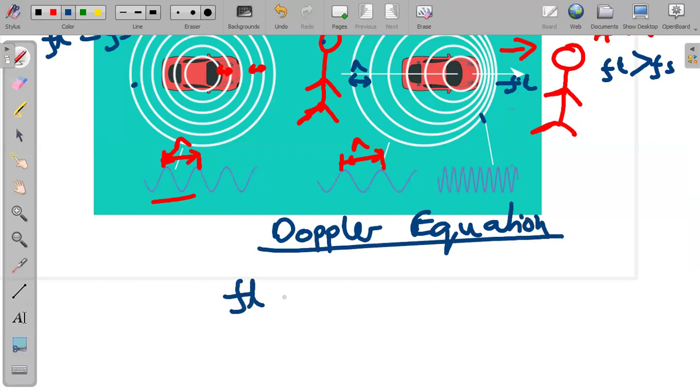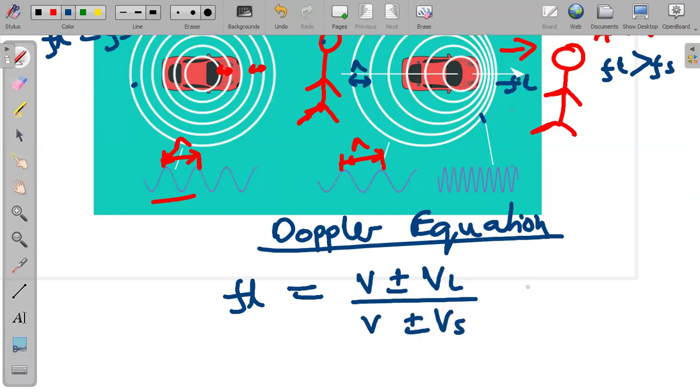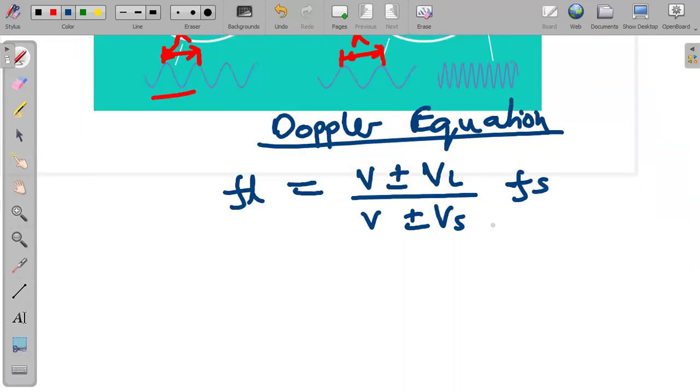It says that FL is equal to (V plus or minus VL) over (V plus or minus Vs), multiplied by Fs. So this is our equation, right? What the equation says is, FL is the frequency of the listener, and V is the velocity of sound in the medium that it is traveling in.